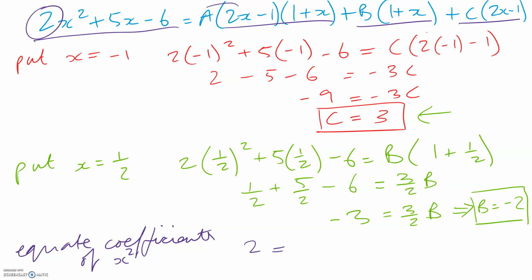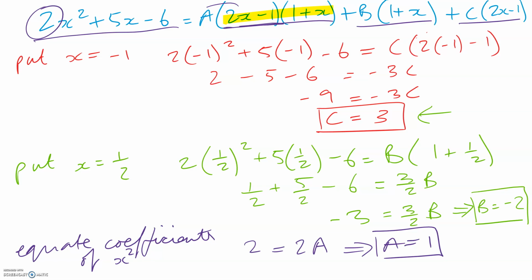That would leave you with a times 2, in other words 2a, because you would have 2x squared from multiplying out this bracket, and then you multiply it by a. So that would leave you with 2ax squared. So that means that a would equal 1. A equals 1.